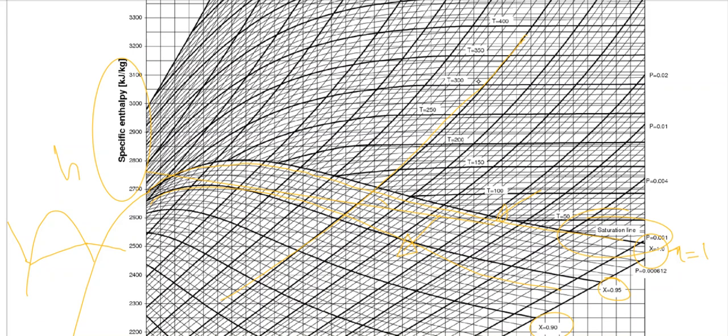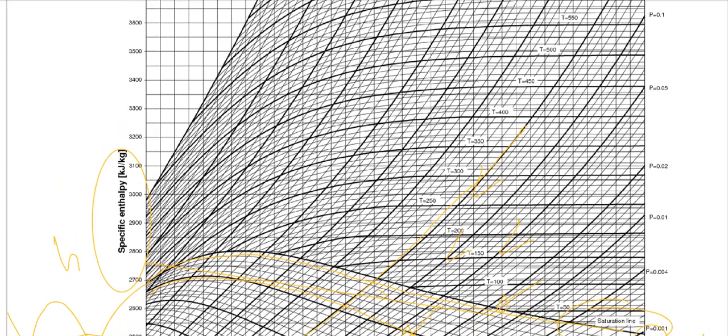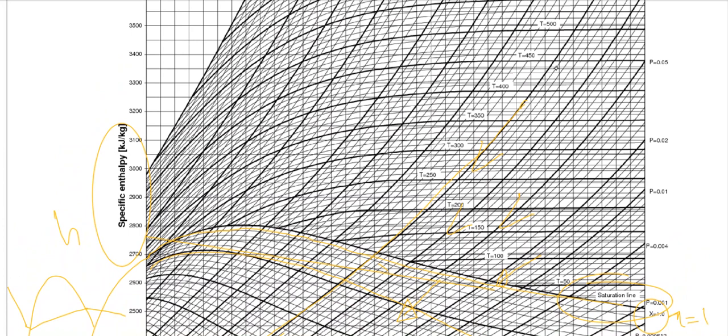So these are our pressure lines going straight inside the vapor dome. Now the other lines, yes, obviously you can imagine these are the distinct pressures, and the pressure values are given over here, and these are the other, smaller pressures, and you can find them from these values.